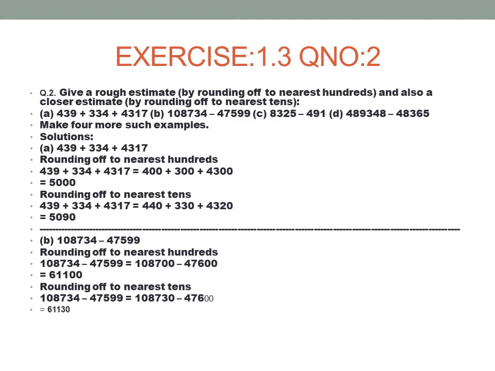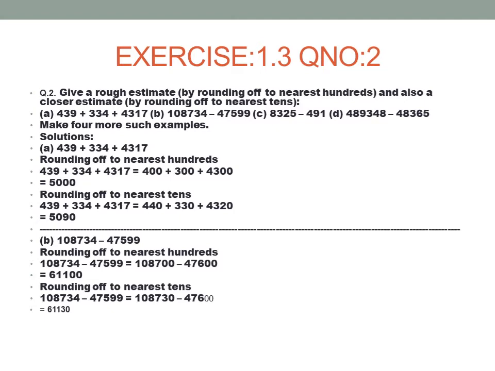Now second bit. Second bit also you have to rounding off to the nearest 100 and rounding off to the nearest tens. But here instead of addition we have to do the subtraction. So what is the number given here? 108734, which is equals to 1,08,734. But rounding off to the nearest 100, if you see hundreds place here, it is 7. 734 will be round off to the 700 only.